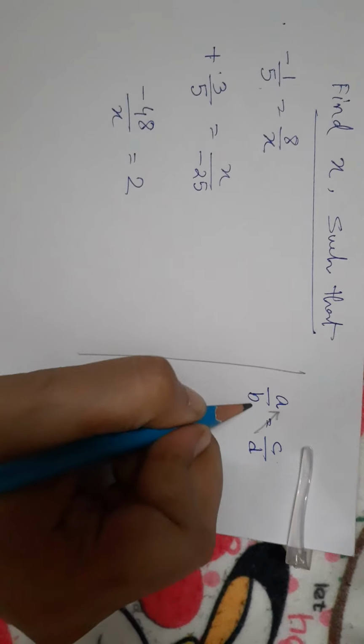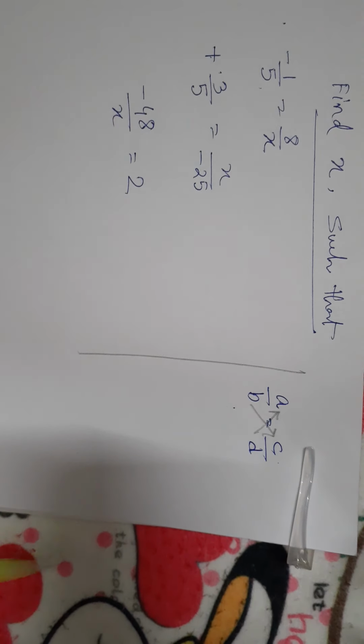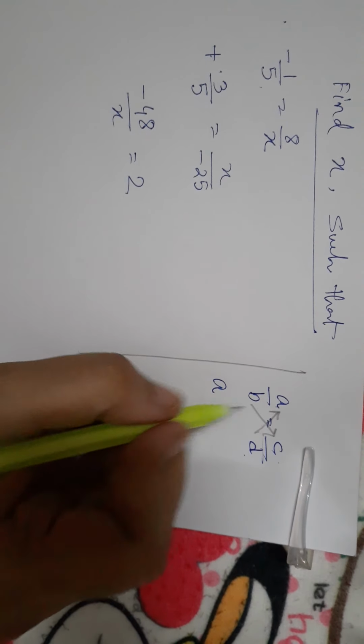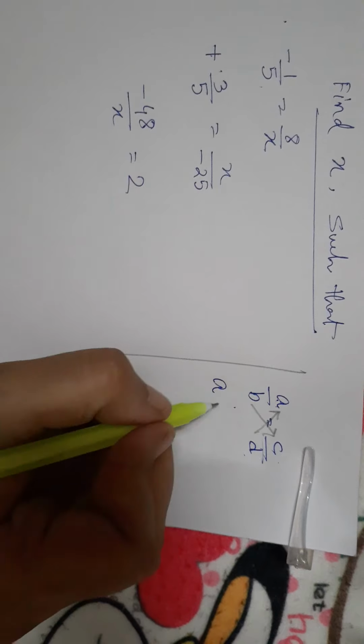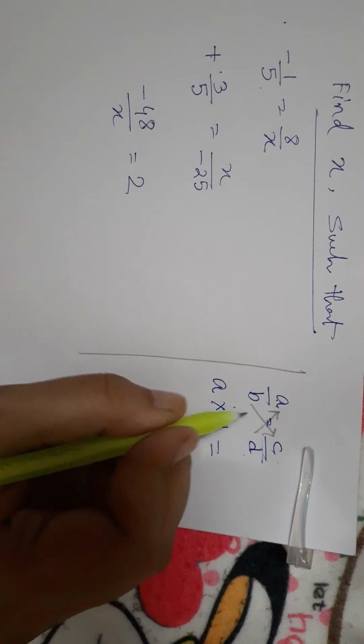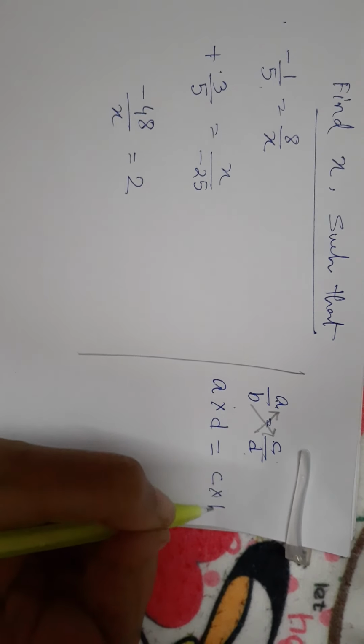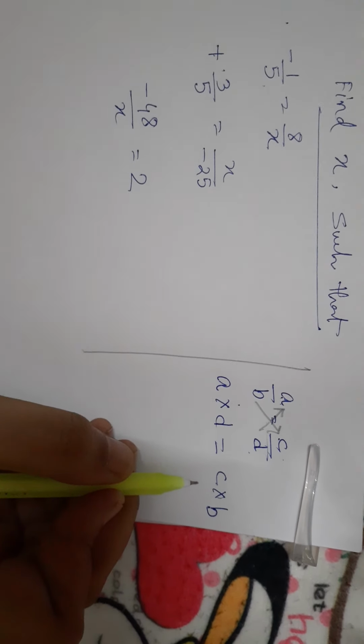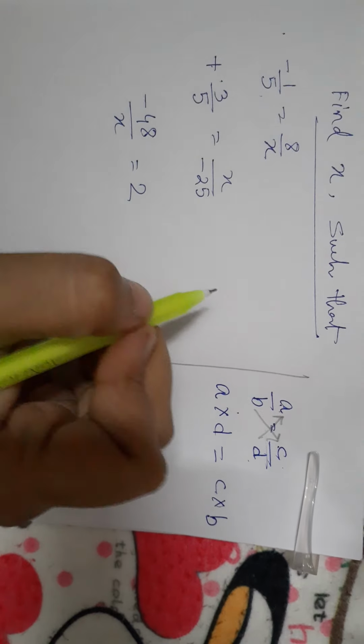So d can be multiplied with a, that means from this expression we can write a into d equal to c into b. This is known as cross multiplication, and we will use this procedure to solve these sums.